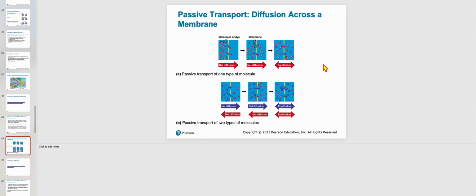Now, here's an example of diffusion, and we're going to pick the top example first. Here we have marbles on the left-hand side, then some kind of membrane, and very little or nothing on the opposite side. That means the marbles are going through this membrane from a high concentration on the left to a low concentration on the right, just like the food coloring in the glass of water.